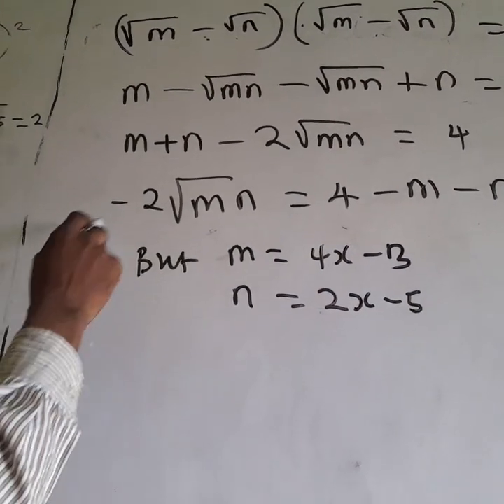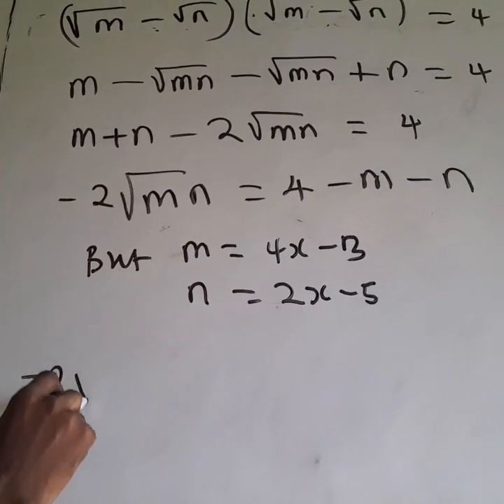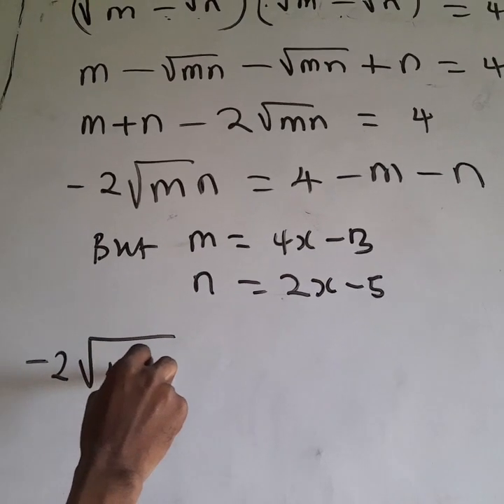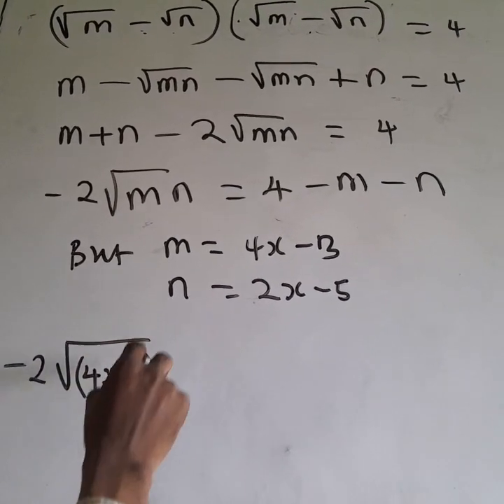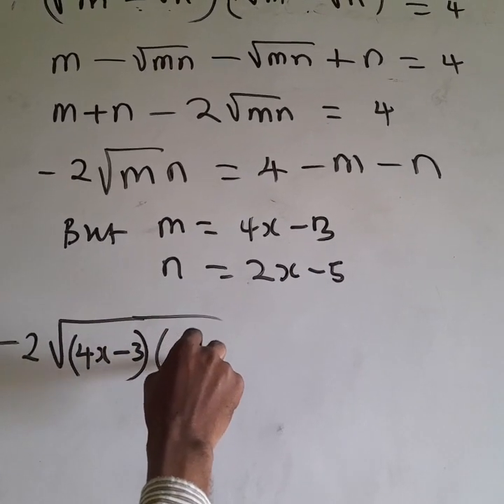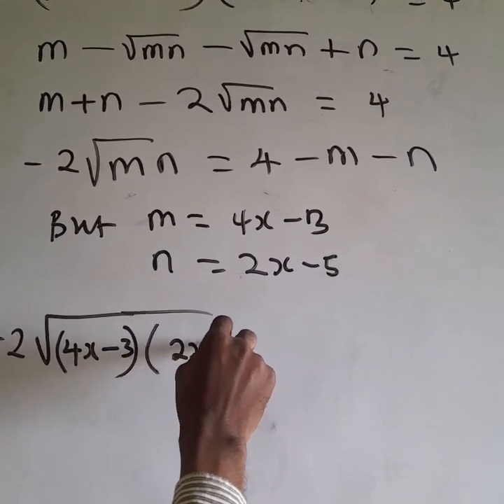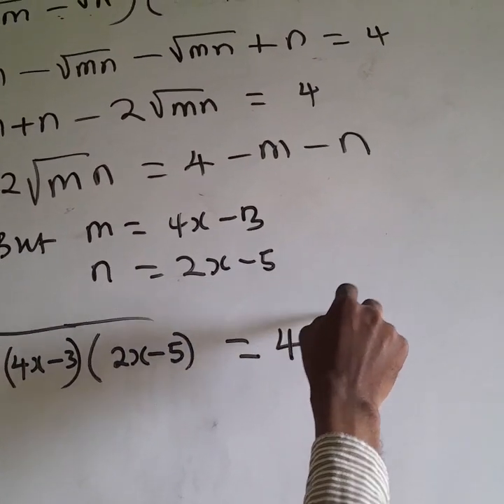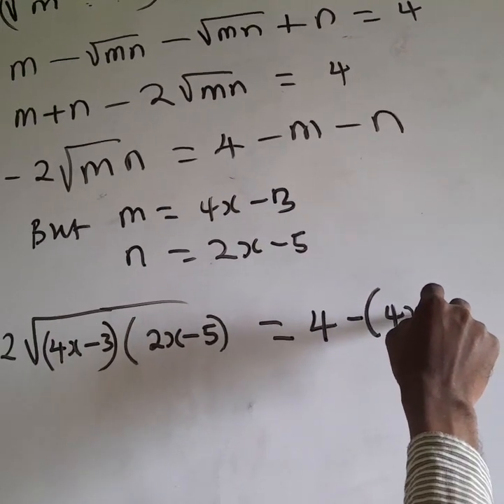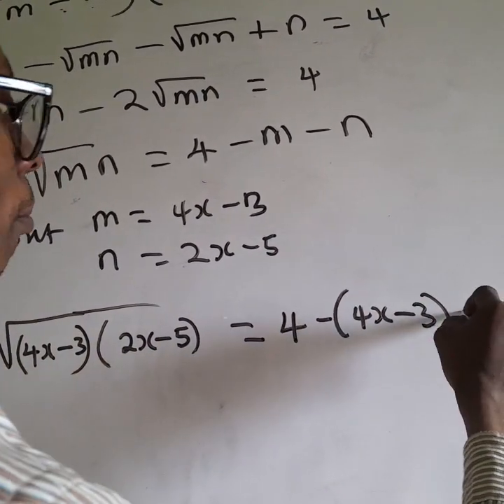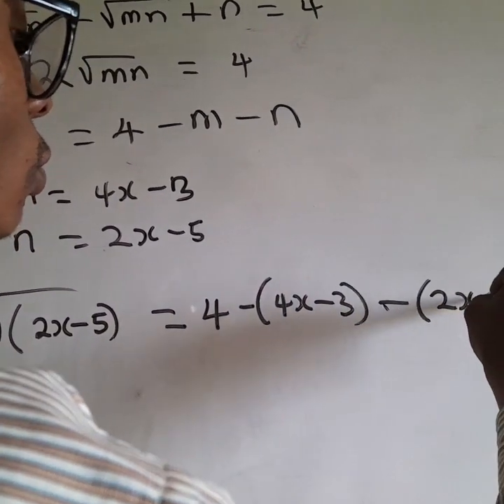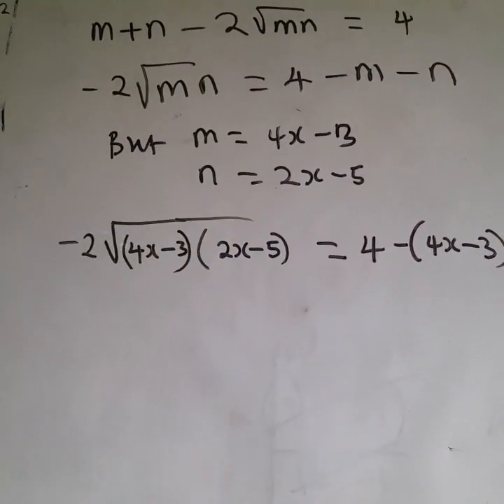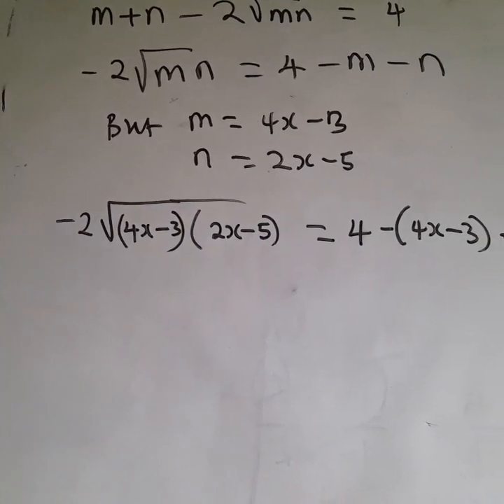Here we have minus 2 root of m, which is 4x minus 3, multiplied by 2x minus 5, equal to 4 minus 4x minus 3 minus 2x minus 5. Okay, so we can expand what we have inside here.